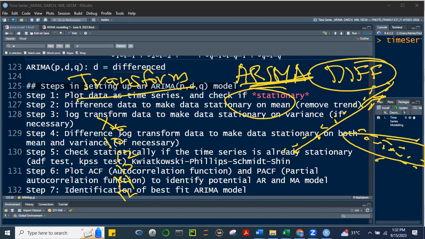So if that's your original time series, what do we do with this? Assuming this is not stationary, it has a trend, we have to difference this data. So 12 minus 10, that's 2. Then 13 minus 12, that's 1. Then 14 minus 12, that's 2.